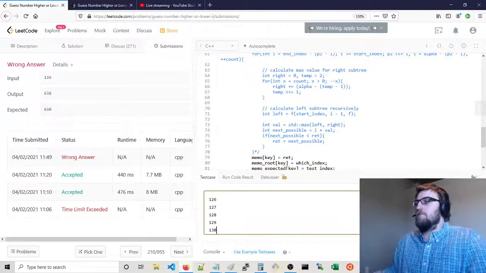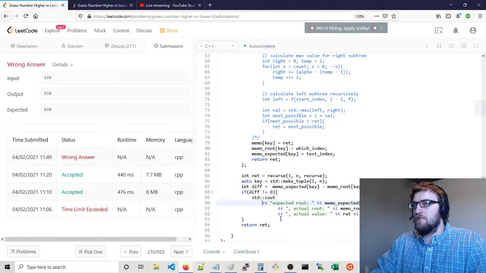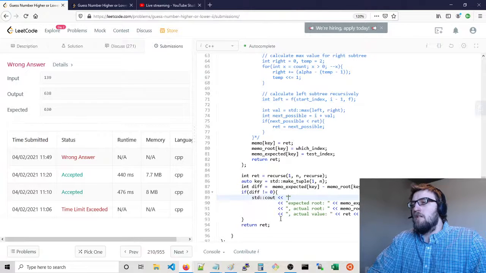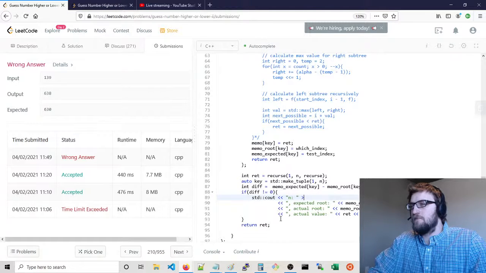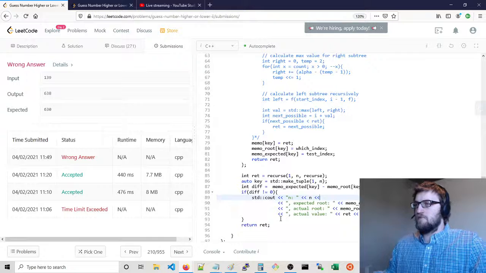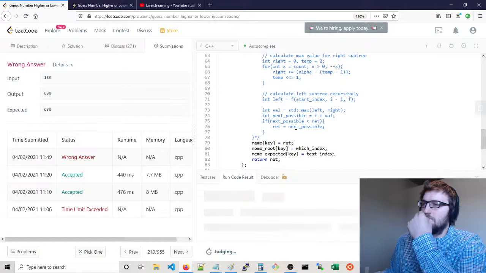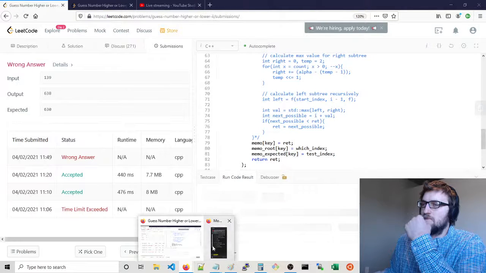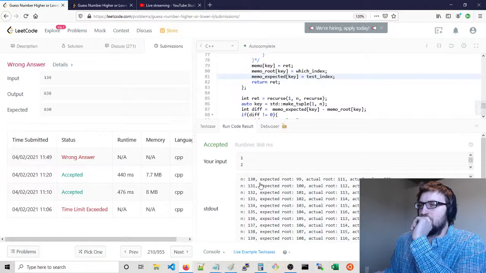Let's also just print the expected root and actual value.